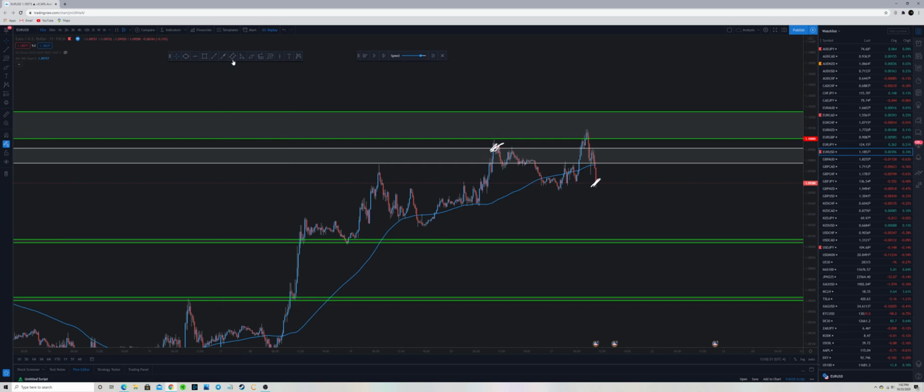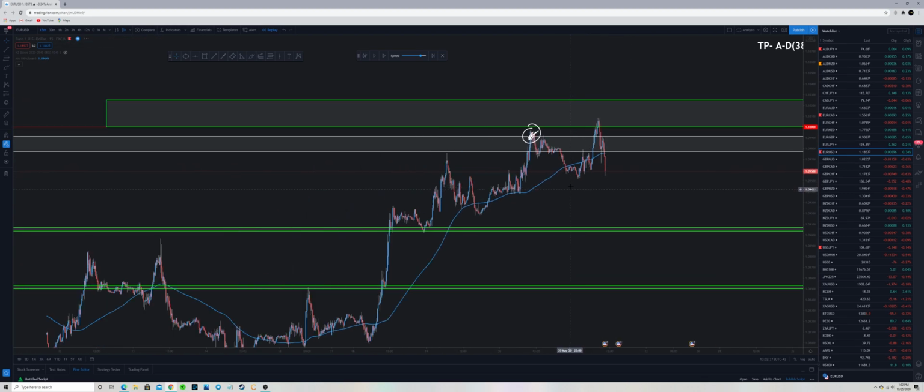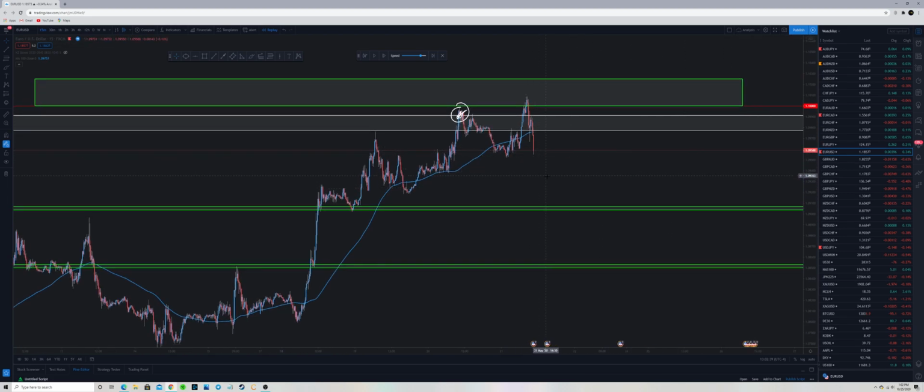So we have one entry above here, one more entry right there. Stop loss above the reversal zone, 35 pips. But we should be seeing price move down to this take profit area of the 382 level.